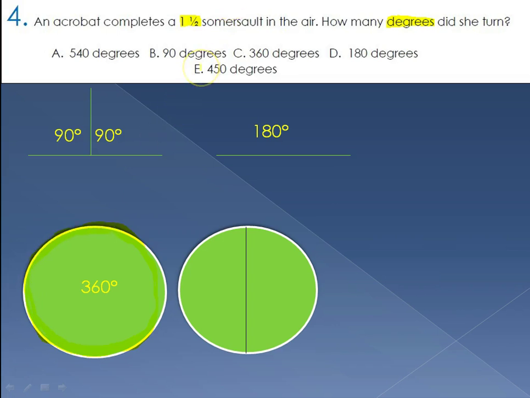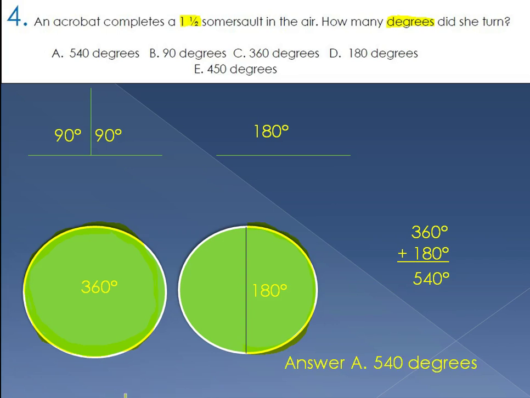So what is half of 360? What is half of a circle? If we go around half the way, it is 180 degrees. So 1.5 somersaults is 360 plus 180, which gives you 540 degrees. So the answer has to be A, 540 degrees.